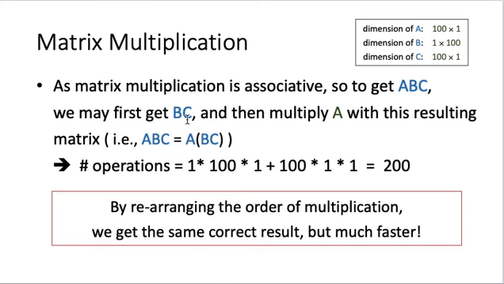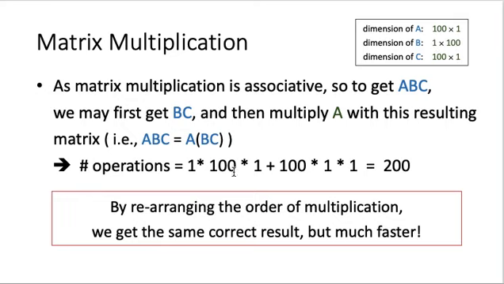But interestingly, matrix multiplication is an associative operation. So to get A times B times C, another way is to first get the result of BC and then multiply A with this resulting matrix. Now to get the result of BC, the number of operations is proportional to 1 times 100 times 1.